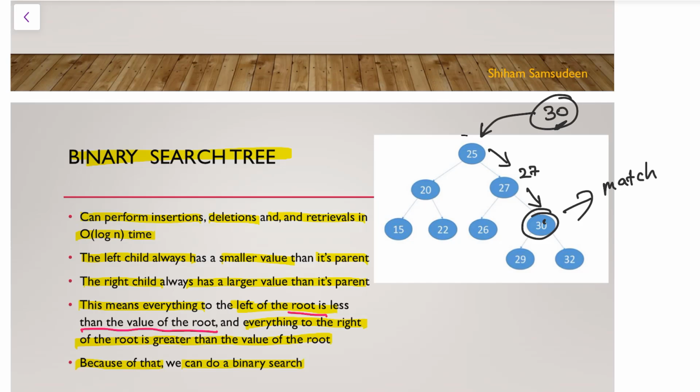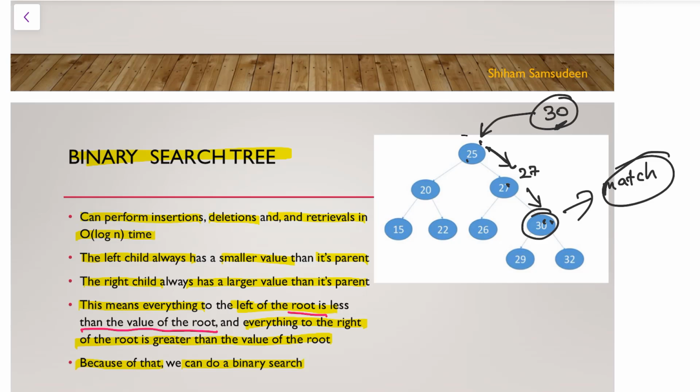So as you can see, with 1, 2, 3 comparisons, you are matching that. If it was linear, you would have to go 1, 2, 3, 4, 5, 6, probably 7 comparisons.